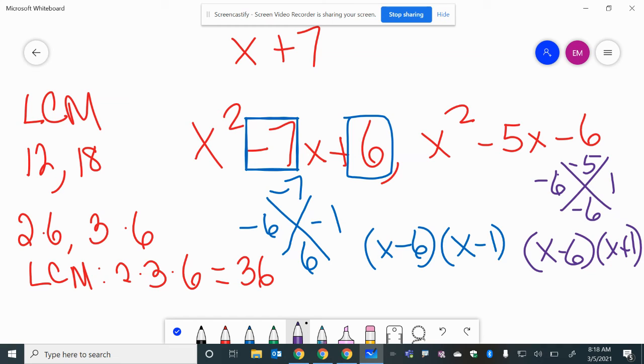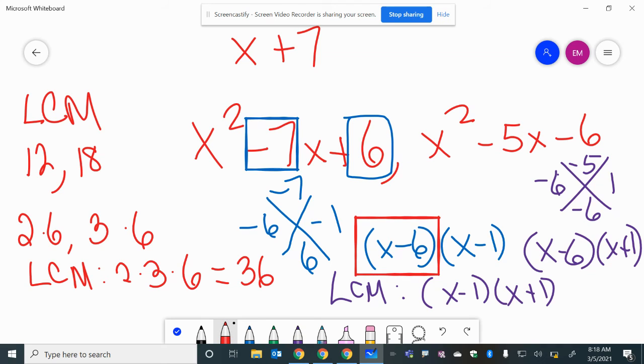Now, I have them factored, but I haven't found the lowest common multiple. Just like we did with the numbers, we found what they don't share in common. They do not share an x minus 1 or an x plus 1. However, they do share an x minus 6 in common. So I'm going to take the x minus 6, and I'm going to pick only one of them.